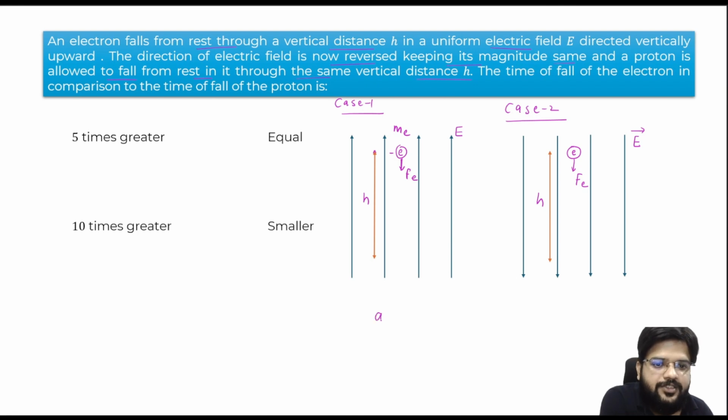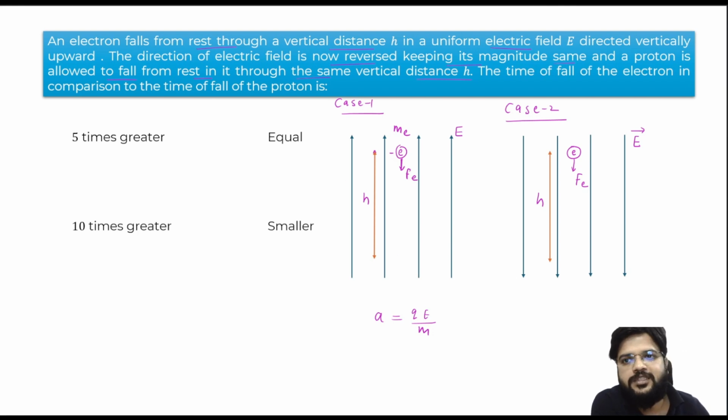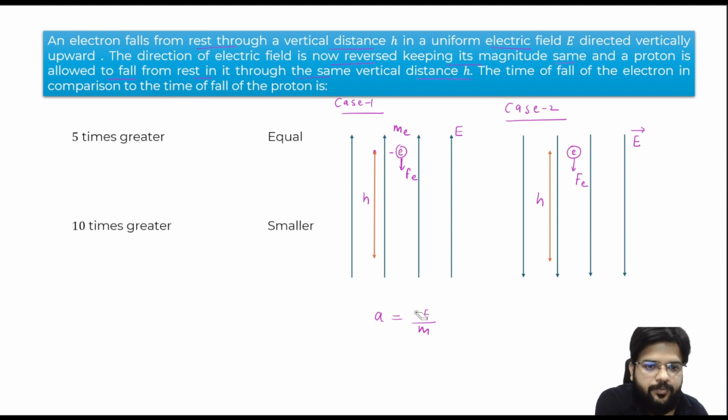We know that the acceleration of the particle equals qE by m. Correct. So the acceleration of a particle in a uniform electric field can be written as qE by m. We can see that the charge e is present on both proton and electron, so E is the same in both cases, so acceleration is inversely proportional to mass.